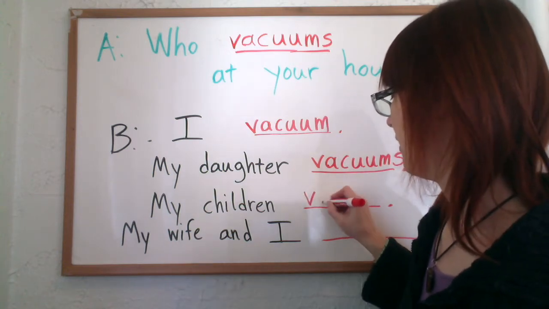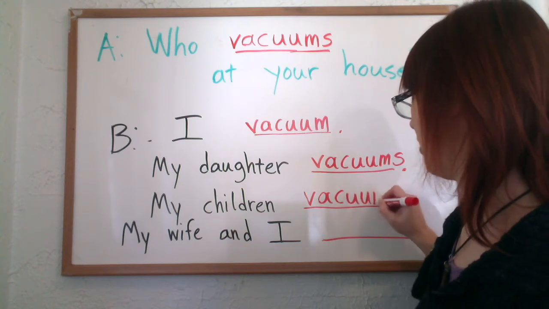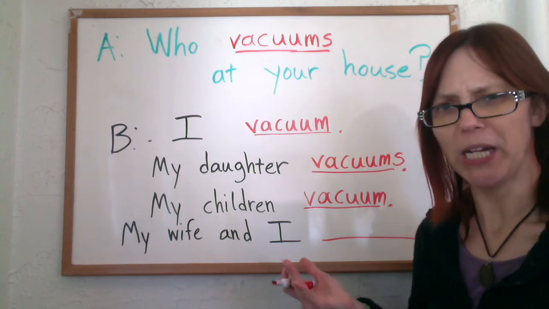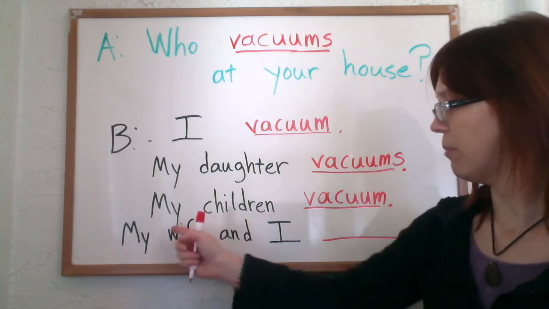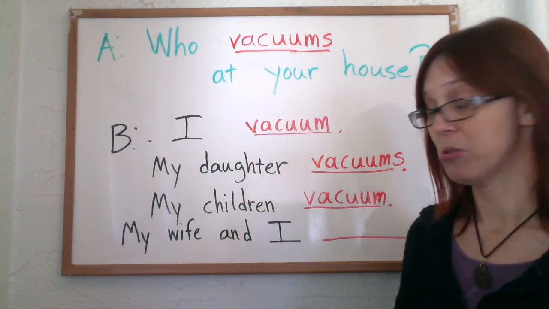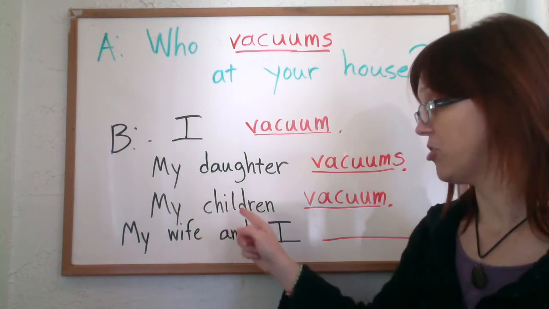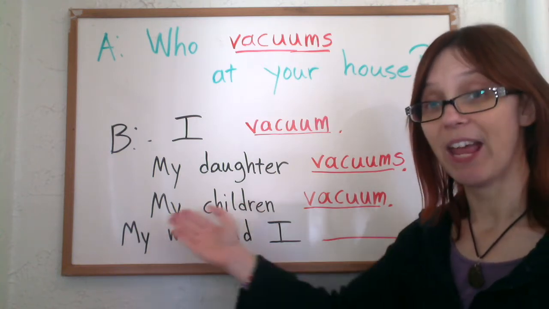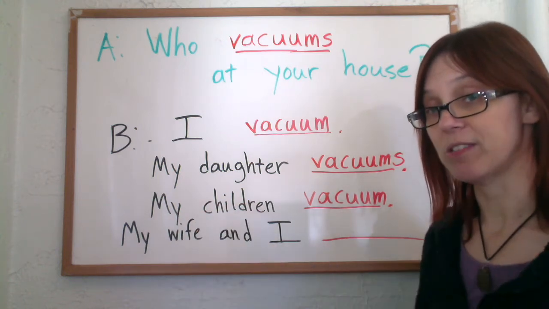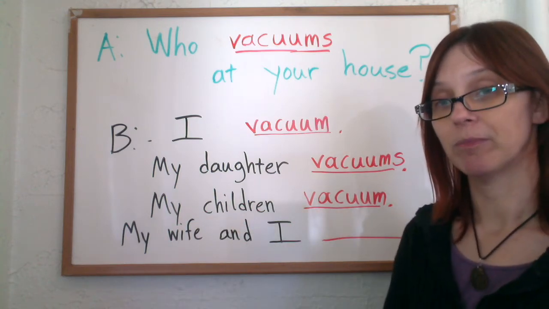V, A, C, U, U, M. No S. Why? My children is plural. So that's 2 or 3 or 4 children. My children, they. They vacuum.